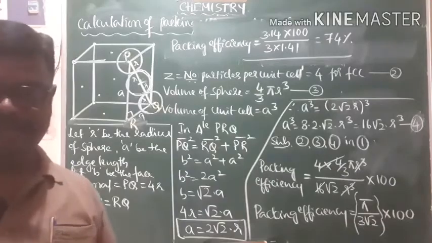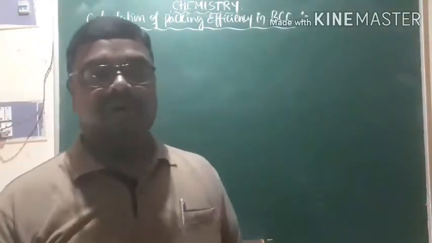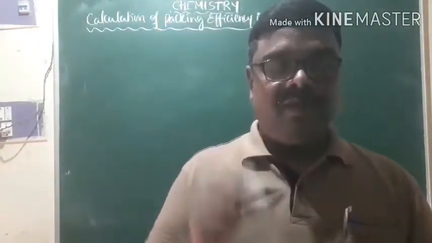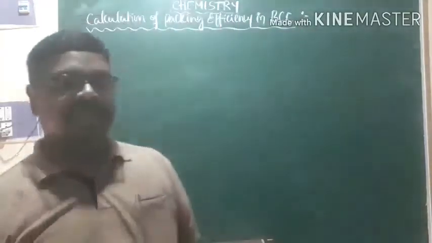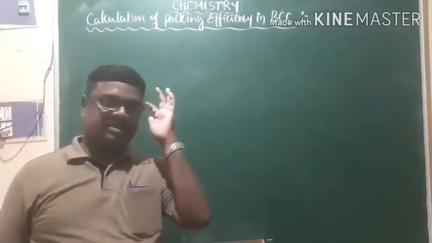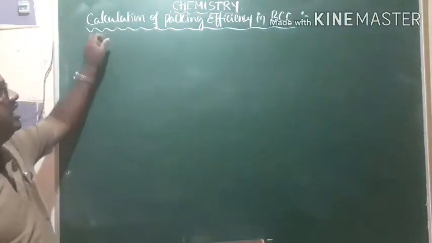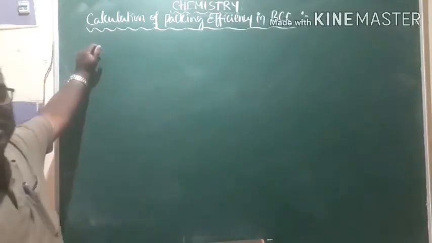Next discussion is calculation of packing efficiency in BCC, that is body centered cubic lattice. We completed packing efficiency in SCC, simple cubic lattice, and in FCC, face centered cubic lattice. Now it is the body centered cubic lattice.